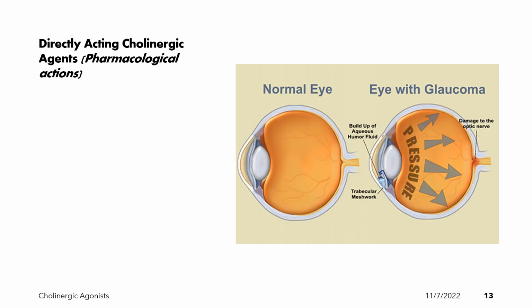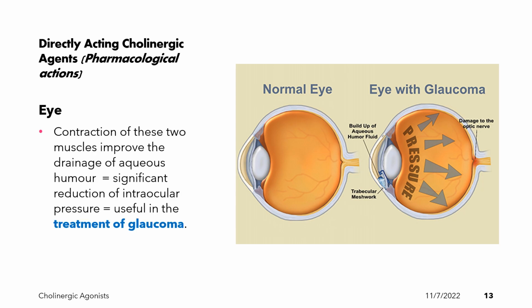The final effect of the contraction of these two muscles improves the drainage of the aqueous humor. This results in a significant reduction of the intraocular pressure, which is useful in the treatment of glaucoma. Pilocarpine is a drug specifically indicated for glaucoma as it produces a reduction in the intraocular tension.